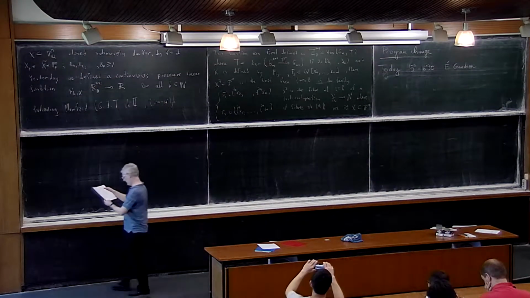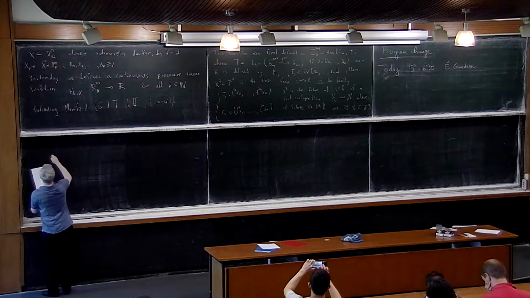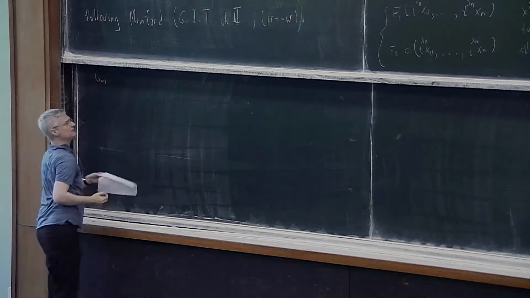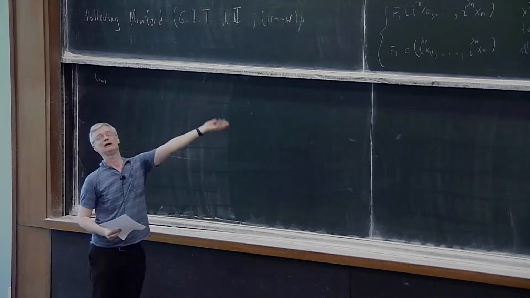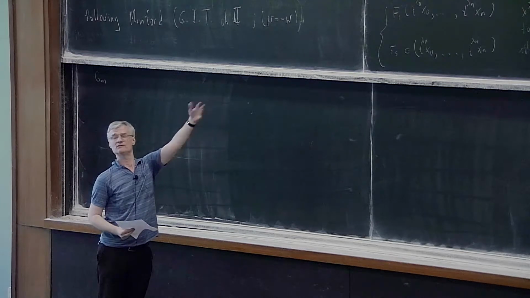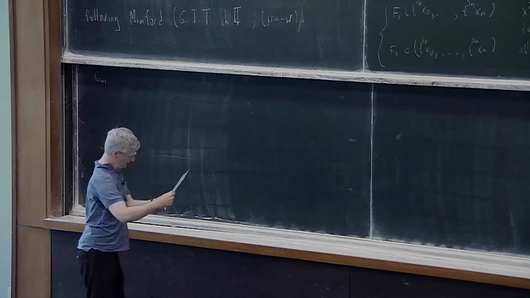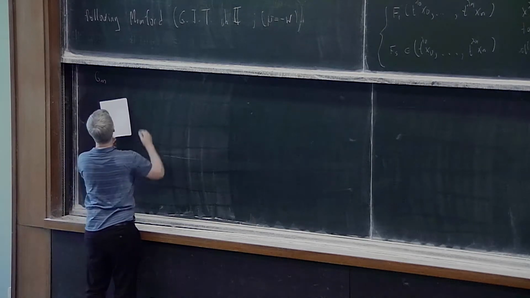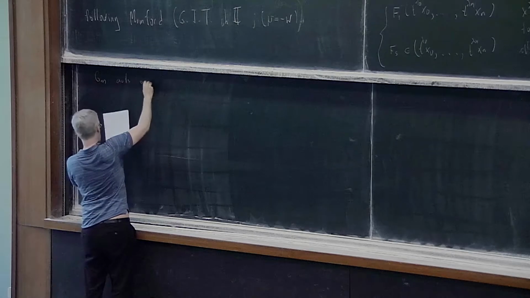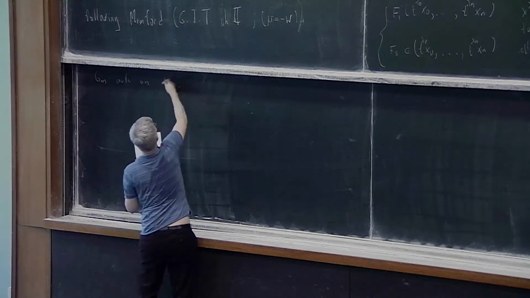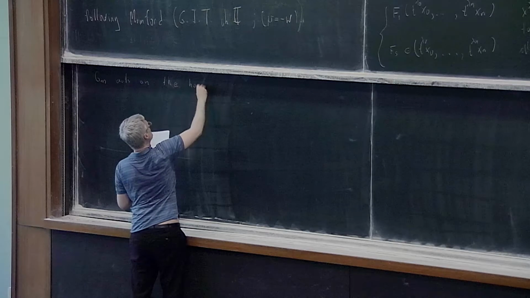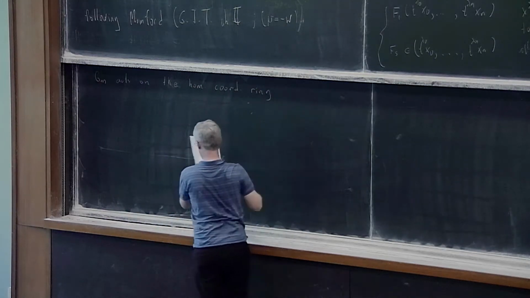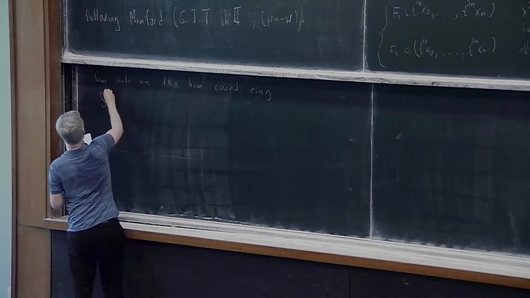So now, just to remind you what we did yesterday, I gave a more abstract intrinsic definition of this. It's clear that everything is GM equivariant. So GM acts on the homogeneous coordinate ring, which I will call S lambda.